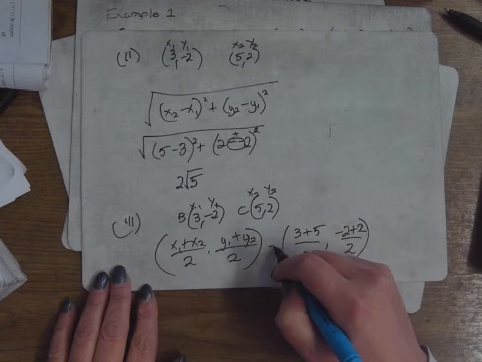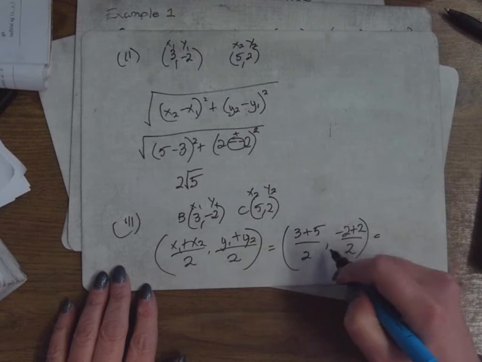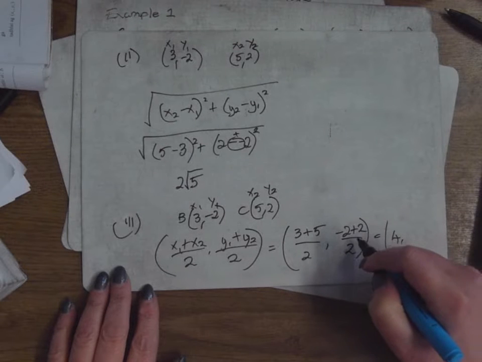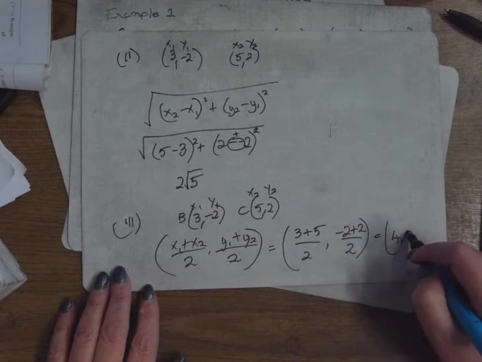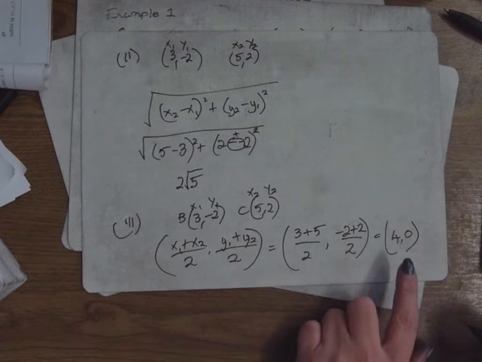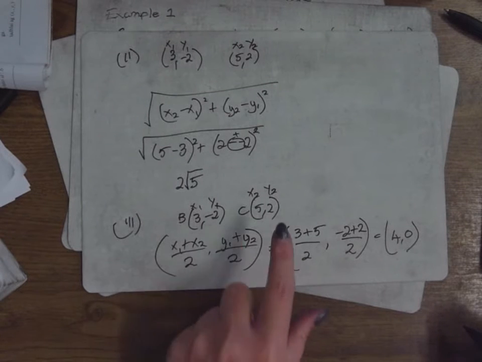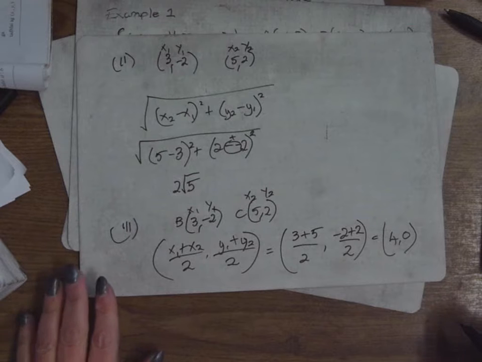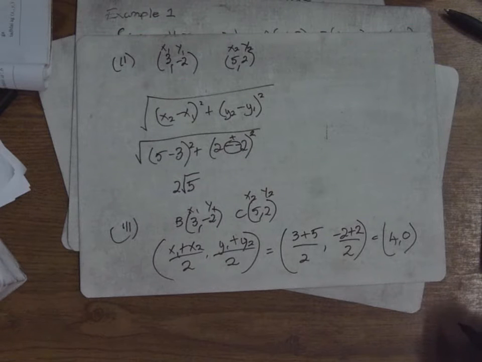Into the calculator with the first bit. 3 plus 5 over 2 is 8 over 2, which is 4. And minus 2 plus 2 is 0 over 2, which is 0. There's a midpoint. That's the point that's halfway between those 2 points. Are we good with that? Midpoint? Happy? Remember these? Not too bad? Yeah? Right, okay.